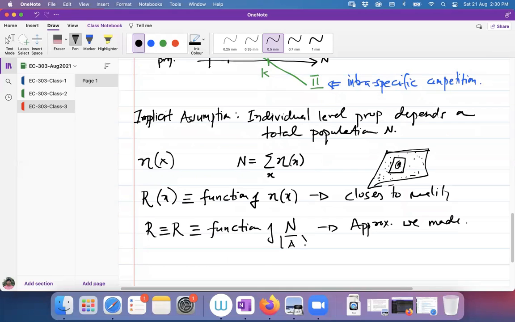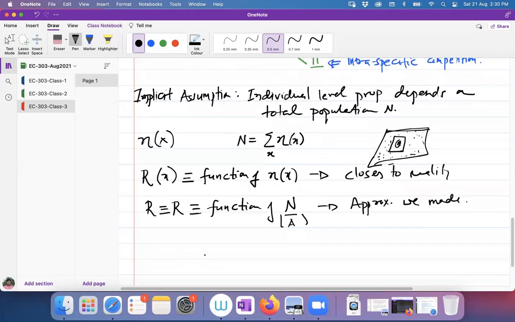Then what we have basically done is that the local growth rate depends on the mean density of the entire landscape.